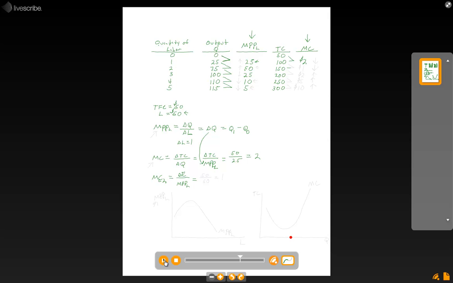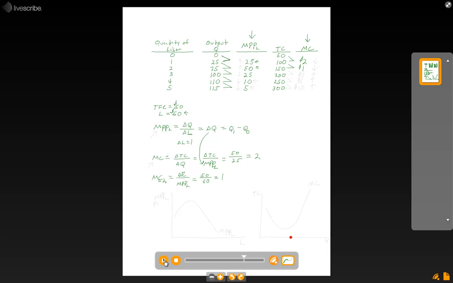So if we take 150 minus 100, that's going to give us a change in total cost of $50, divided by our marginal physical product of labor, which is going to be 50. So 50 divided by 50 is going to give us $1. So our marginal cost of producing the next unit of output is going to be equal to $1.